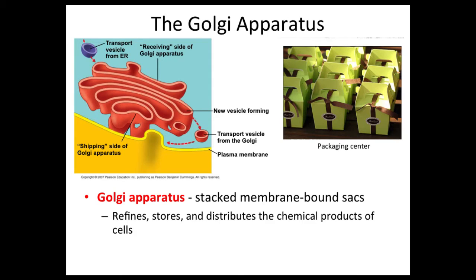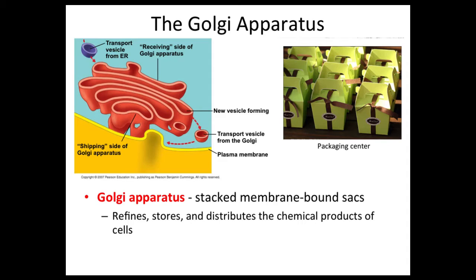The Golgi apparatus is another region, and again, we're talking about the endomembrane system, so this is just this continuous series of membranes folded in on each other inside the cell. And the Golgi apparatus is one of these folded regions of membranes that is going to allow for the cell to refine, store, and distribute the chemical products required for our cell.